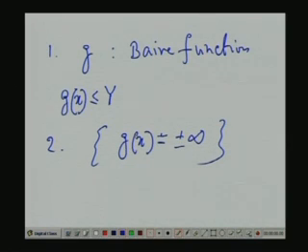So that should have 0 probability. So, the event for which g(x) is plus or minus infinity should have 0 probability. Then y will be, in the strict sense, a random variable.